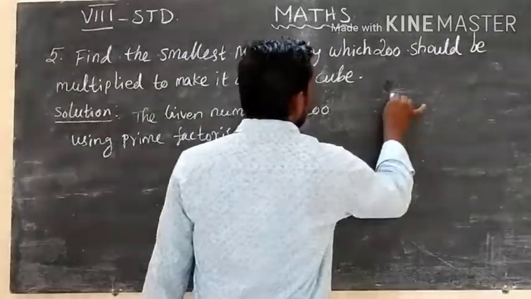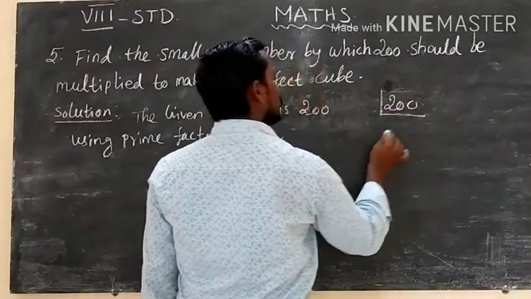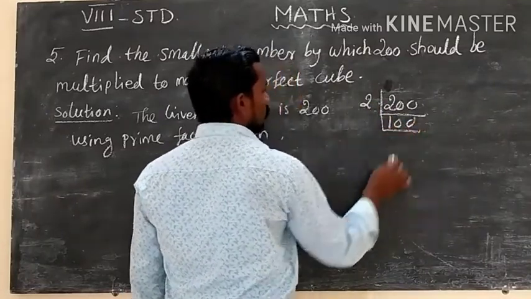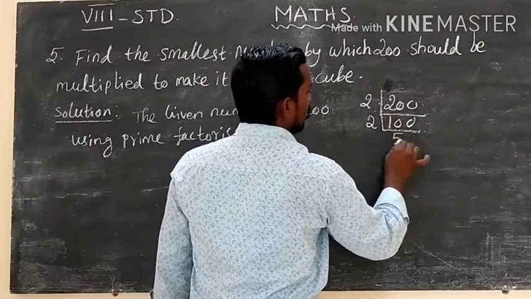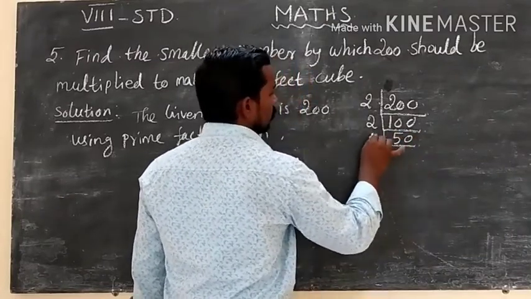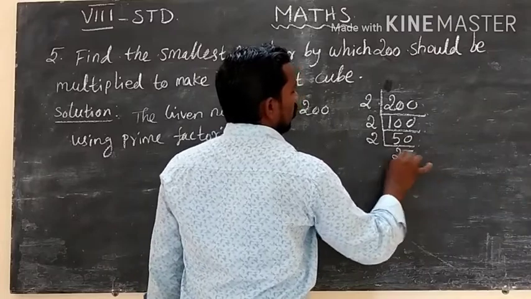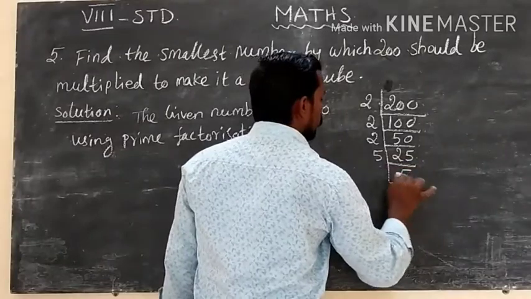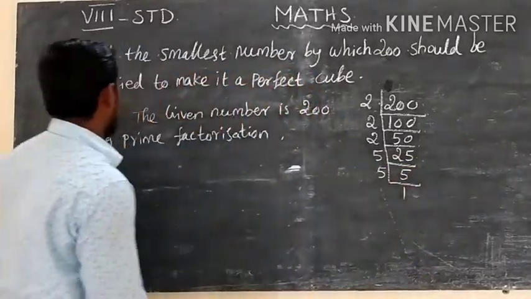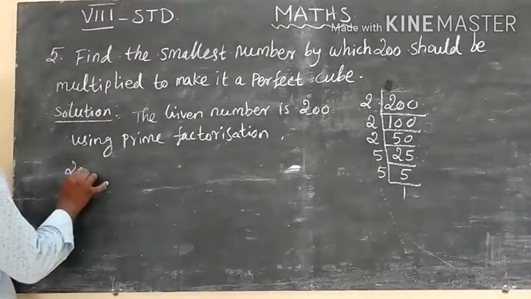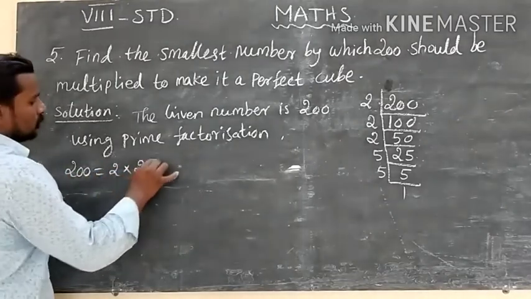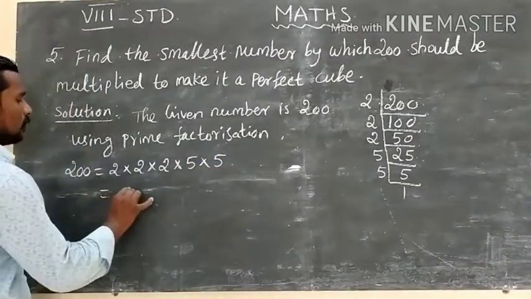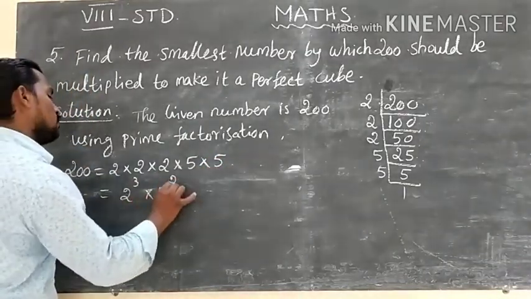In prime factorization, the number 200 is even, so 2: 100 twos are 200, then 2: 50 twos are 100, then 2: 25 twos are 50, and this is 5: 5 fives are 25, then 5 ones are 5. That means 200 can be written as 2 into 2 into 2 into 5 into 5, which is 2 cube into 5 square.